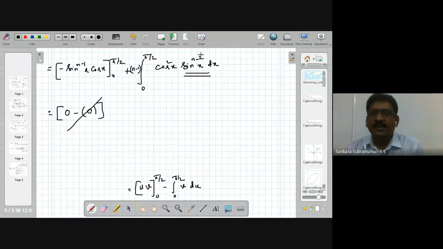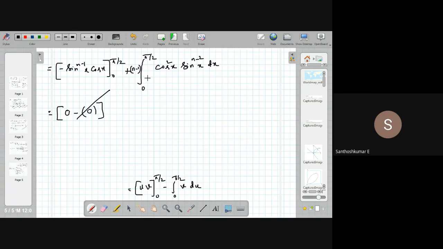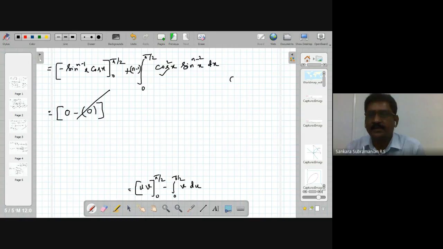Cos square x எப்படி எழுதலாம்? 1 minus sin square x னு எழுதலாம். So you get this equal to plus n minus 1 times integral 0 to pi by 2, instead of cos square x, I can write 1 minus sin square x.